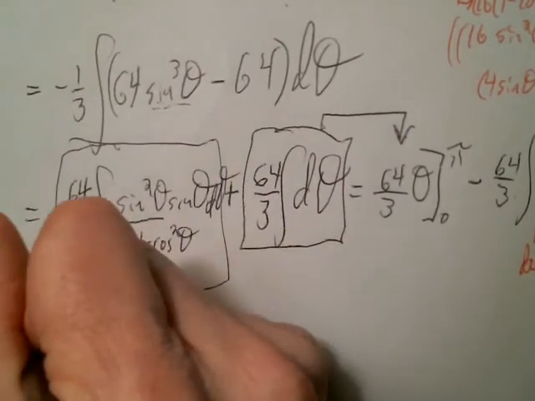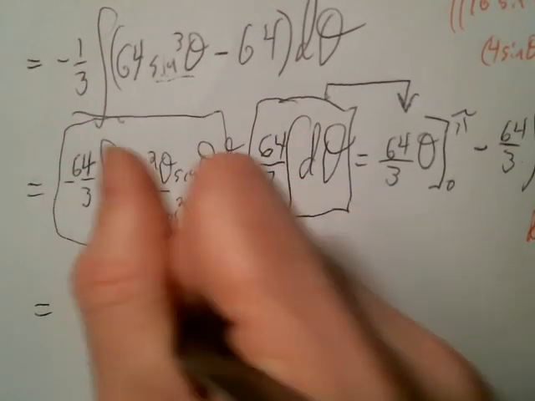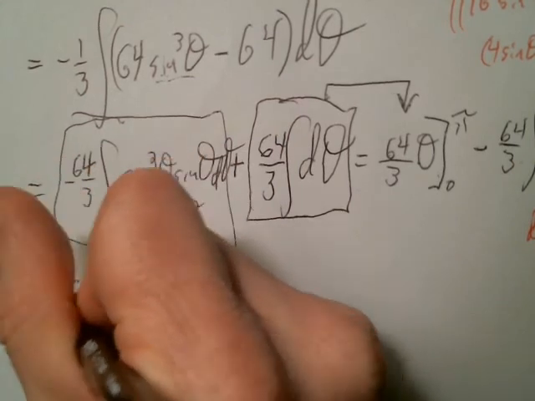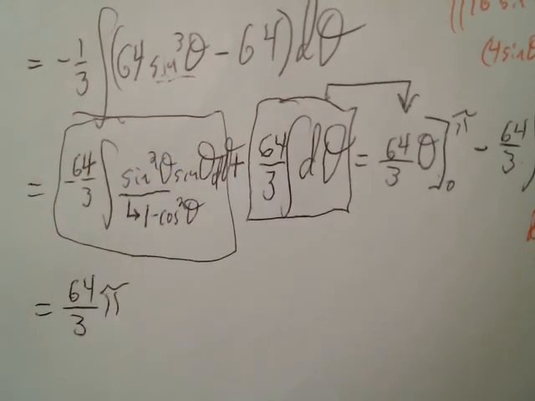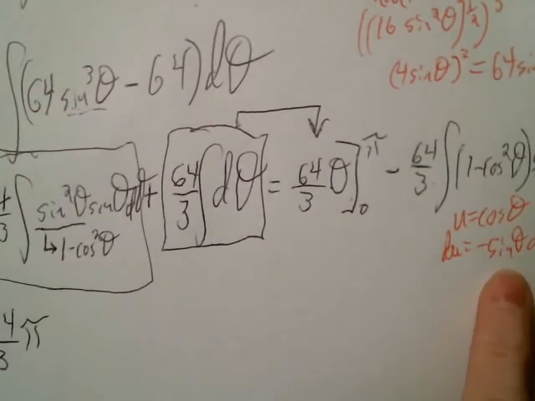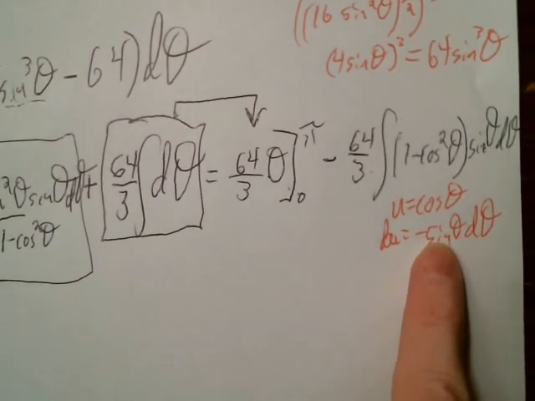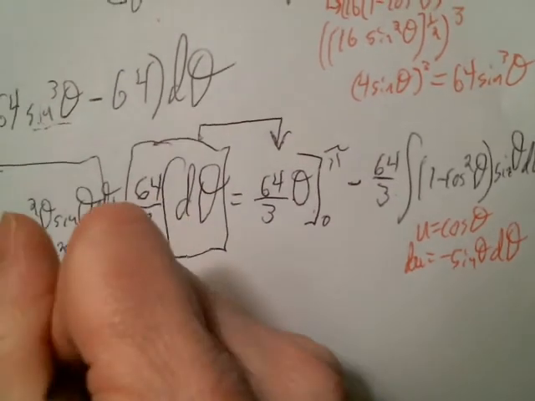So I'm doing a lot of steps at once. Hopefully it's not too confusing. If I evaluate this thing, it'll be a pi in there. So I have 64 thirds pi. That part's done at least. And then again, this part, because there's that negative from the differential substitution, I have to kind of factor that out. This will become plus 64 thirds.